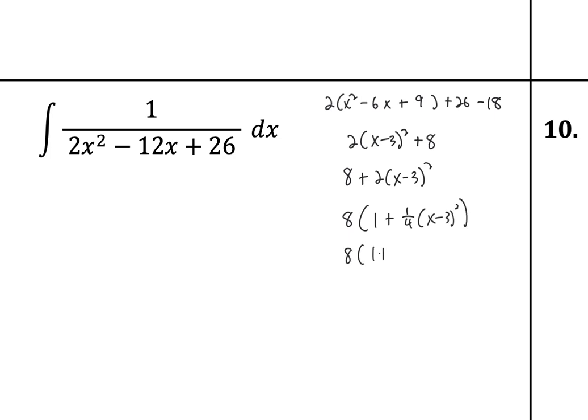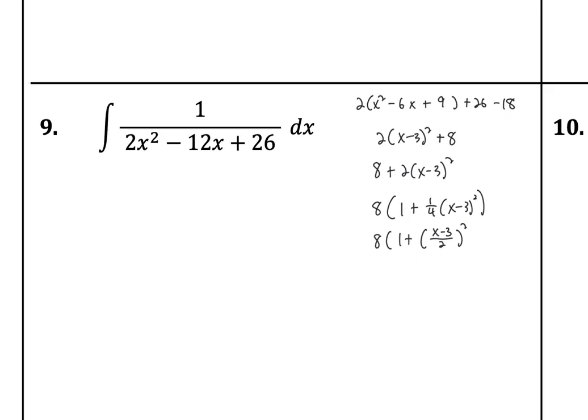And that 1/4 will come inside the squared parentheses as an over 2. Right? When you square that, that becomes 1/4. And then the x minus 3 goes on top. Okay, so now that's perfect. So now we can pull out the 1/8. The 8's on the bottom.